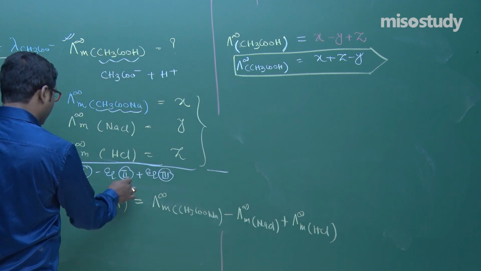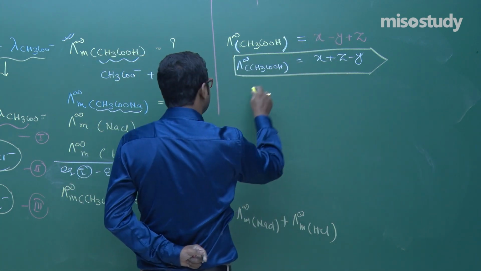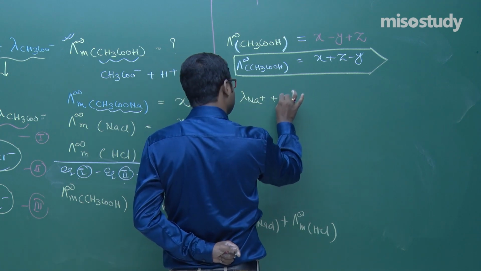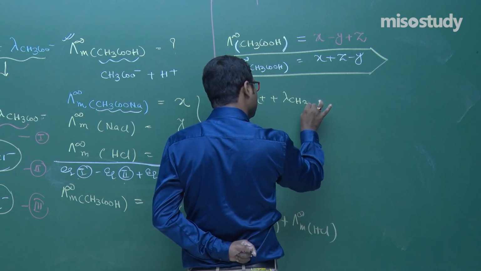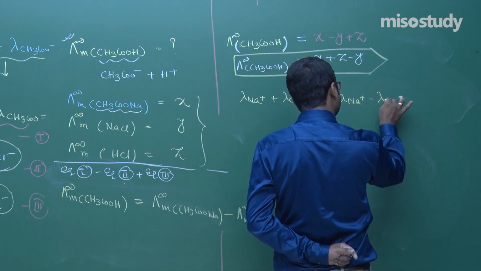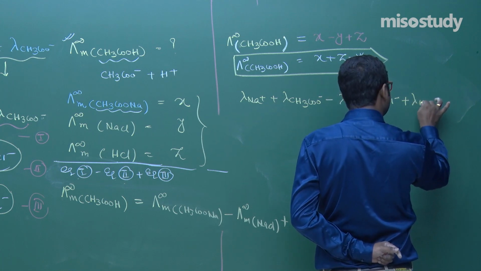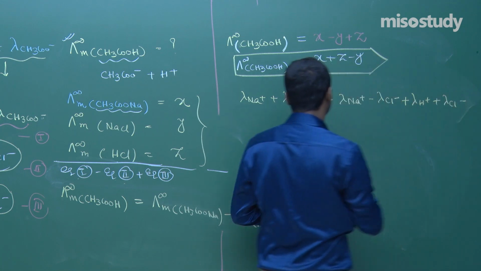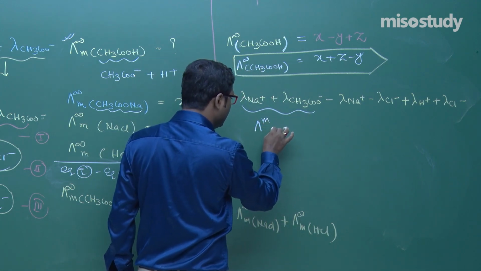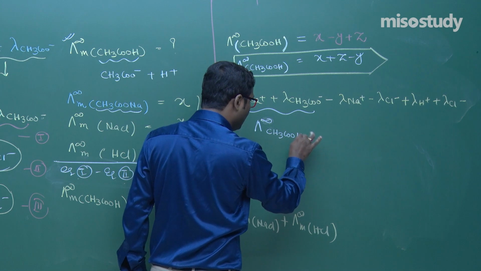Equation 1 minus 2, plus equation 3. Check these things again. I am completely right here. That is equation 1, lambda Na plus, lambda CH3COO minus, then minus lambda Na plus, minus lambda Cl minus, plus lambda H plus and plus lambda Cl minus. This is the output we get from molar conductivity at infinite dilution of CH3COONa.